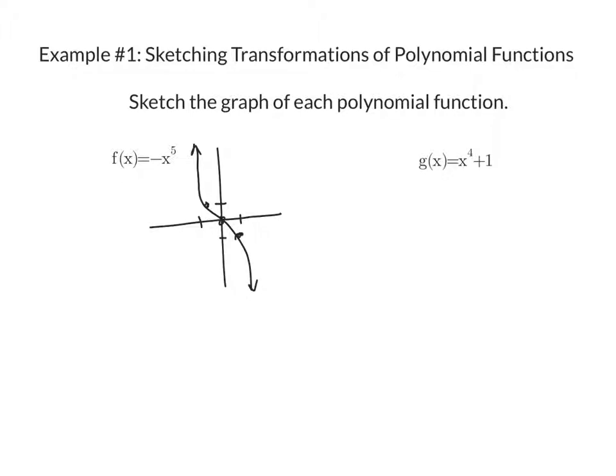Okay, so that's the negative x to the fifth function. The x to the fourth function, if we type that in, is just x to the fourth power. And again, that looks a lot like our parabola function, except it's a little thinner, but it goes through (1, 1).